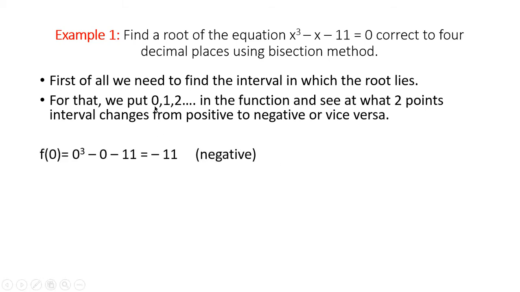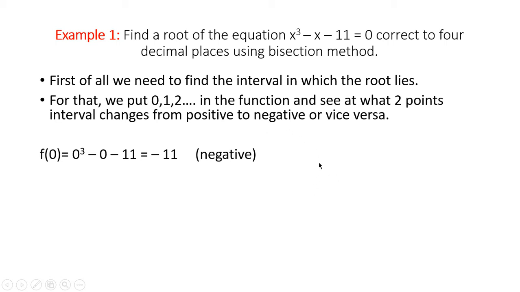First of all, we start by putting in 0. If we put 0 into the function, this is our function, we get a negative value. Now we will put 1 into the function. If we again get a negative value, then we will continue by putting 2 into the function, and if we get a positive value by putting in 1, then we will say that 0 to 1 is our interval.